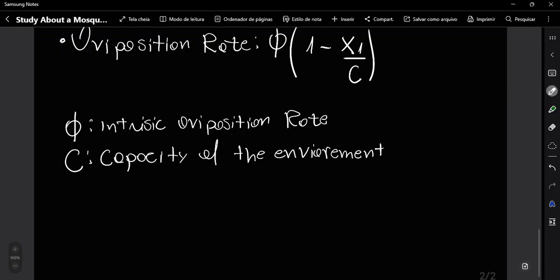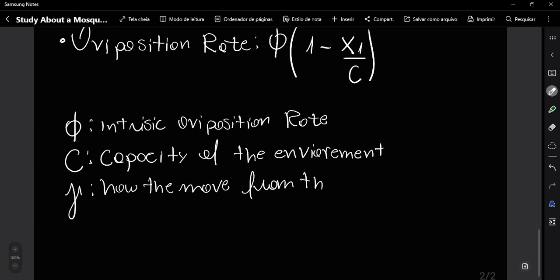And we also have the parameter gamma, which is the rate at which the mosquitoes move from the aquatic phase to the winged phase.